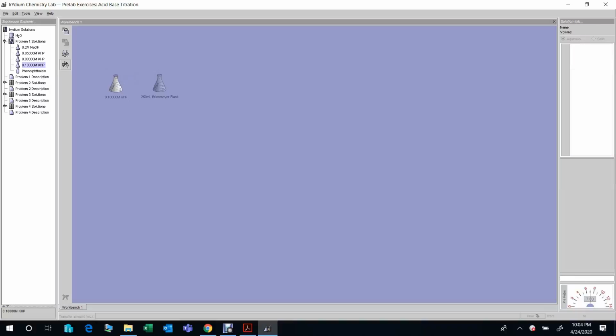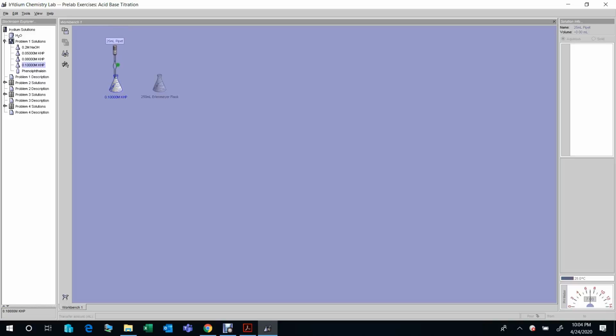What we can do is to choose a pipette. For this, a 25 milliliter pipette can measure the volume very accurately. So when we use the 25 milliliter pipette to withdraw a solution, the volume of the solution is 25.00 milliliter. It's very accurate.